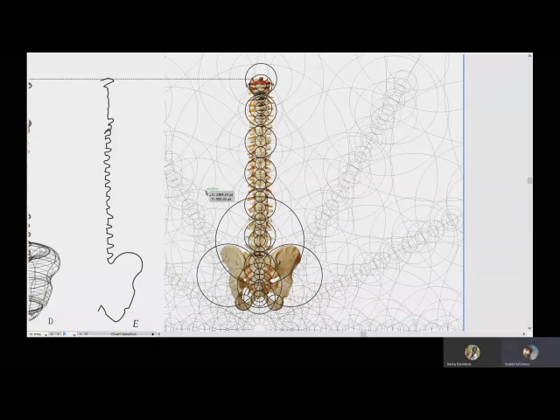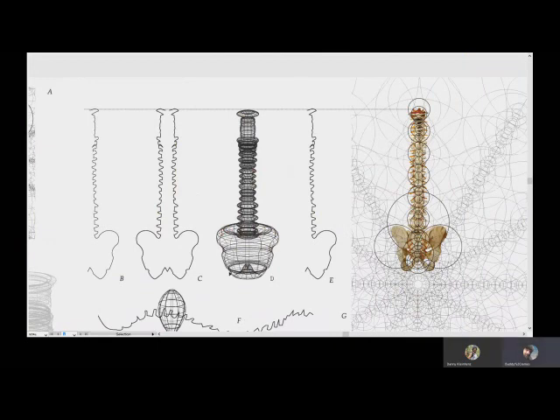Let's see if I can get out of this here. Okay, so you can see what's created like a butterfly here, which I thought was cool, but I keep talking about that butterfly. That's also the same geometry of synchrotron radiation that's coming from the sun.